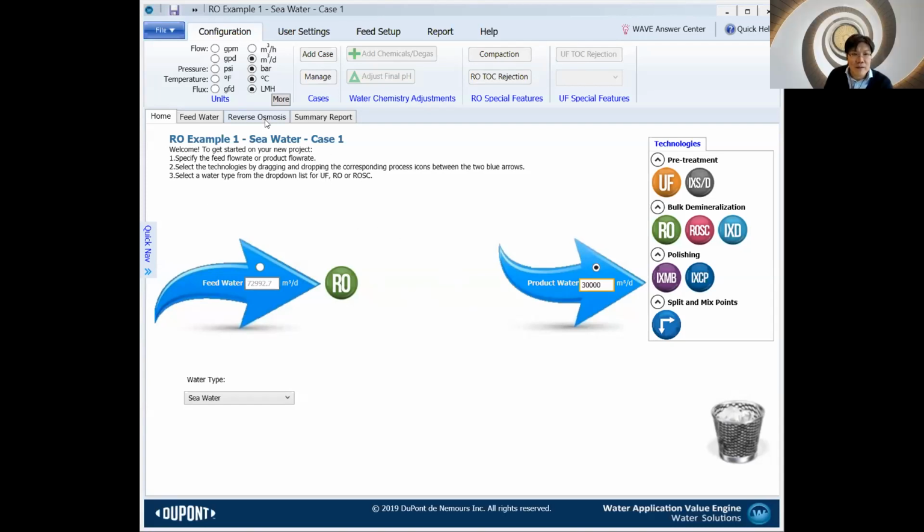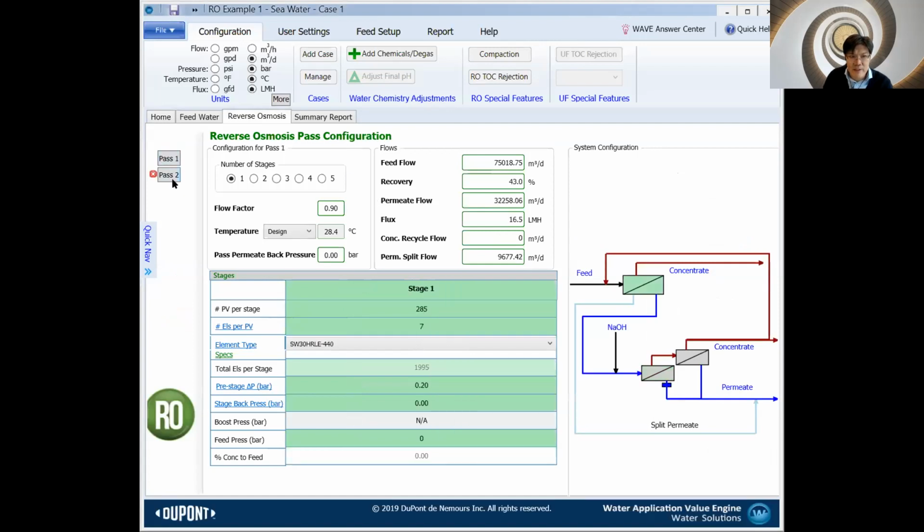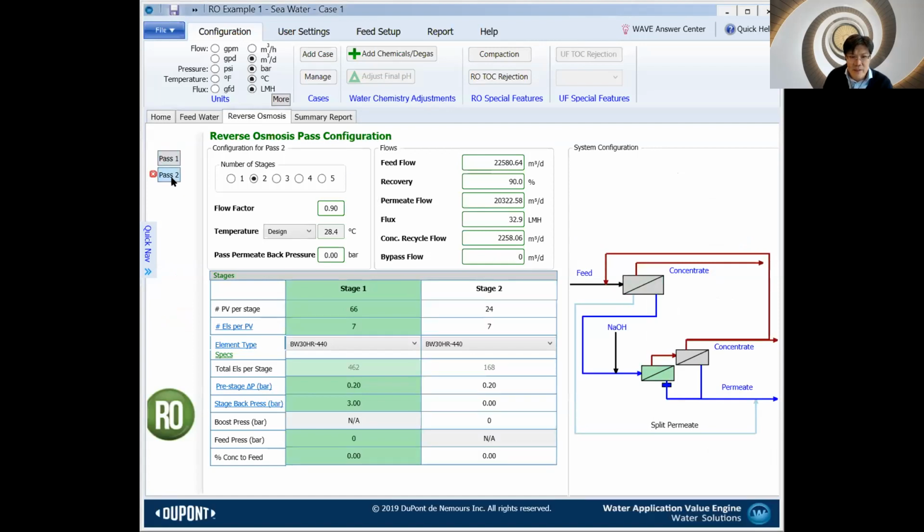If you click this one, we have a first pass and second pass. When you design, depending on your water quality, it takes time to calculate all your design parameters.